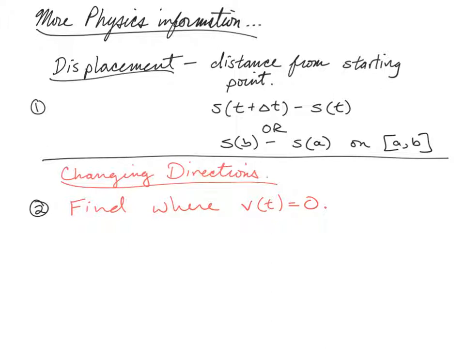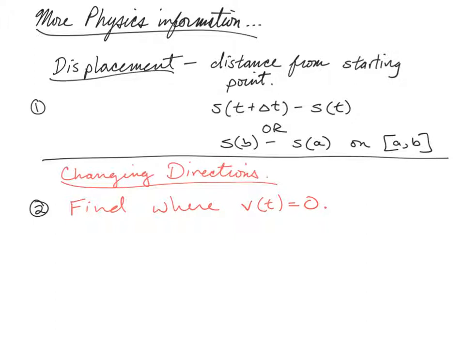And then the last thing down here, changing directions. Generally what you will want to do is find where v of t equals 0. When you set the derivative of the position function, or the velocity function, equal to 0 and solve for t, you will find where the body is changing directions.